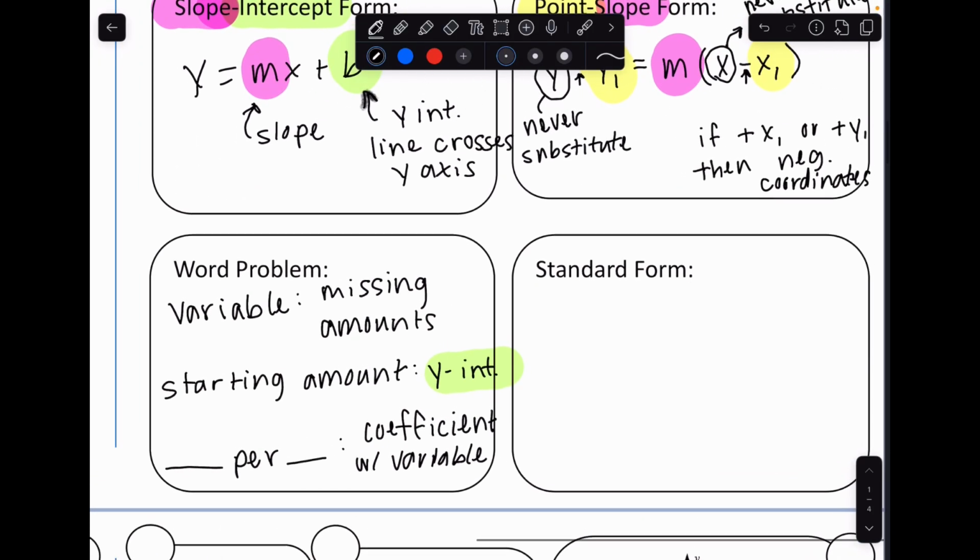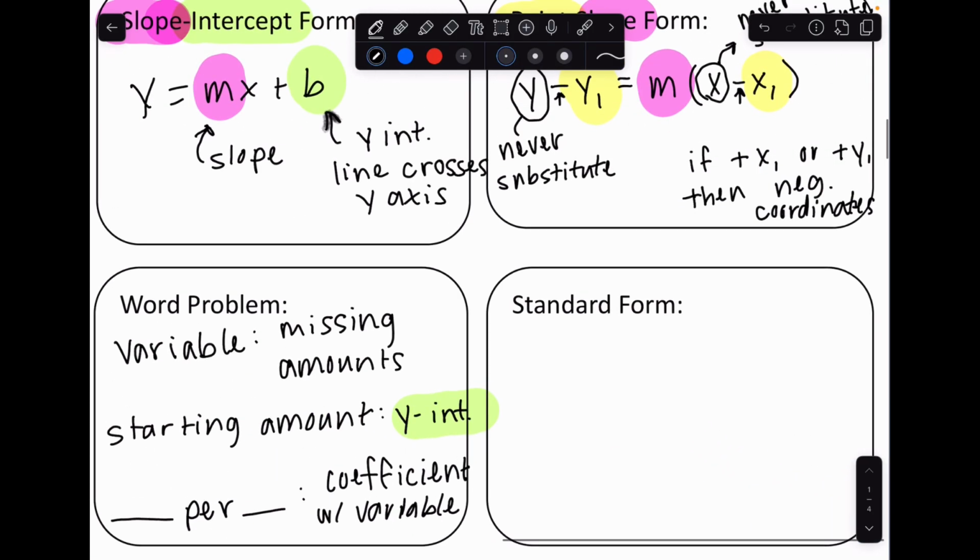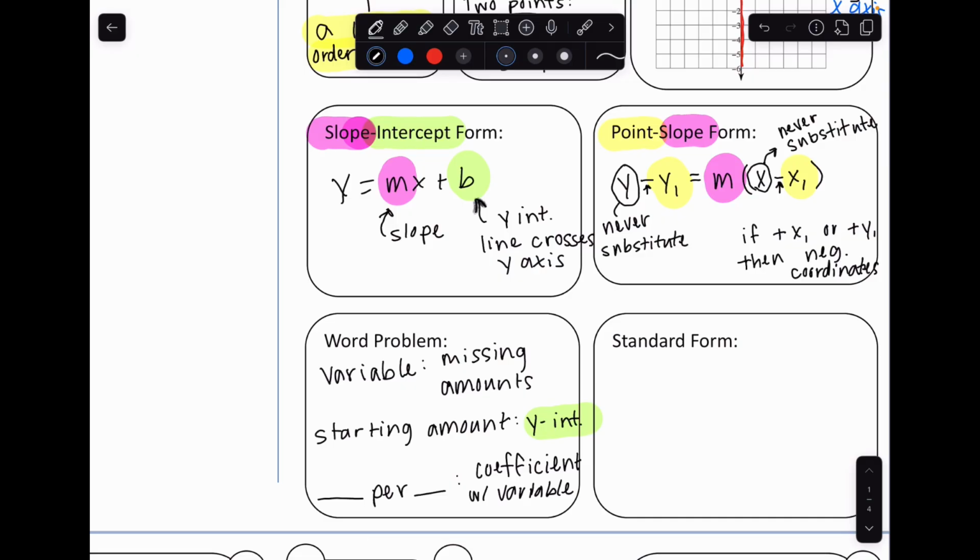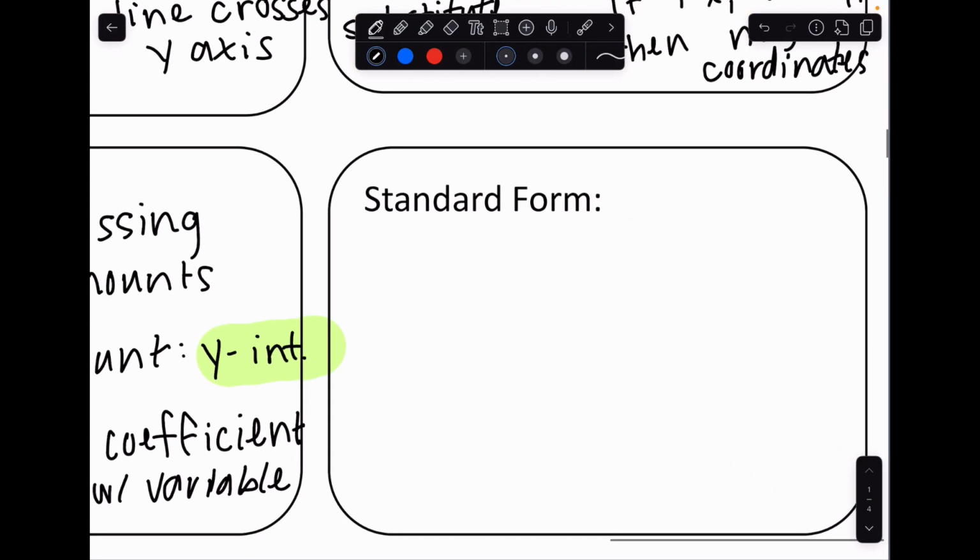All right. Now, we have another nickname for these equations that tell us these same things. This is called standard form. So when we write something in standard form, it's going to look like ax plus by equals c.